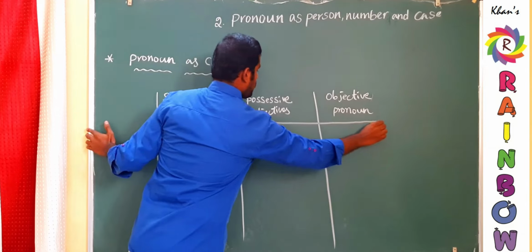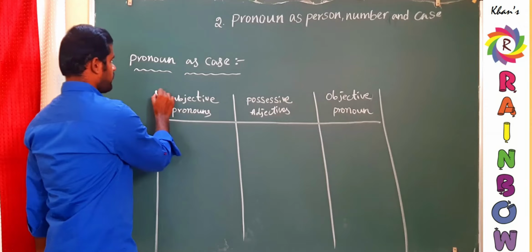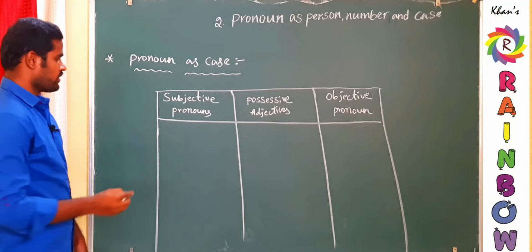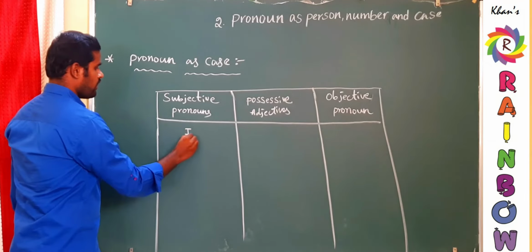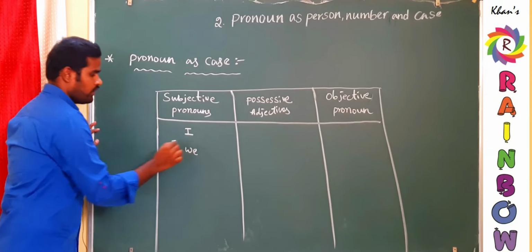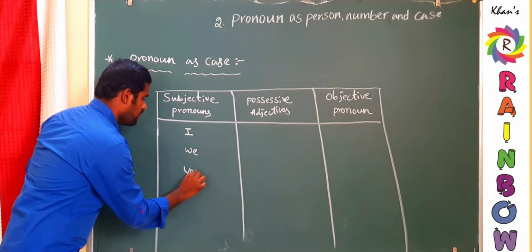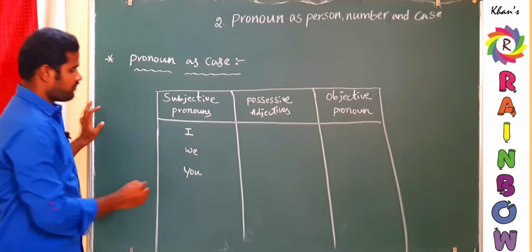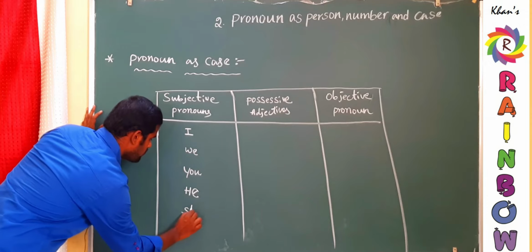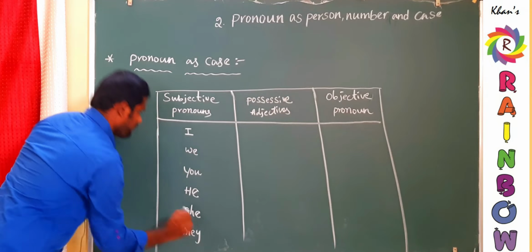Subjective pronouns, possessive adjectives or pronouns, and then objective pronouns. So first coming to subjective pronouns, our first person is I, first person singular, and first person plural is we, as we have discussed just now. Second person singular and plural is you, and third person male he, third person female she, third person plural is they.